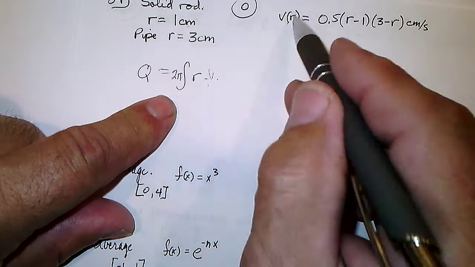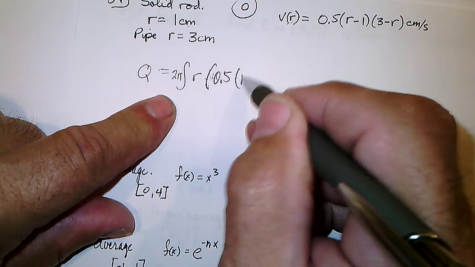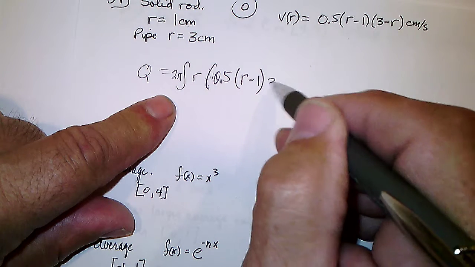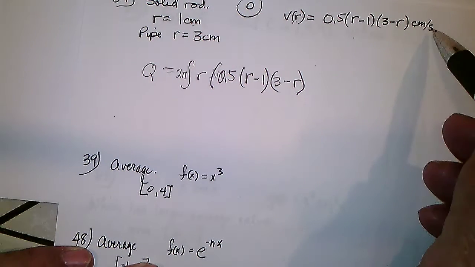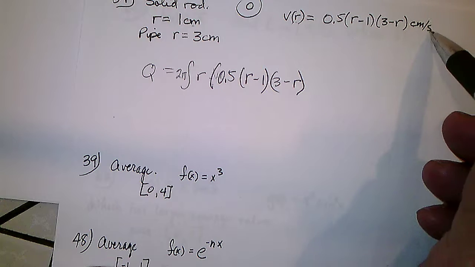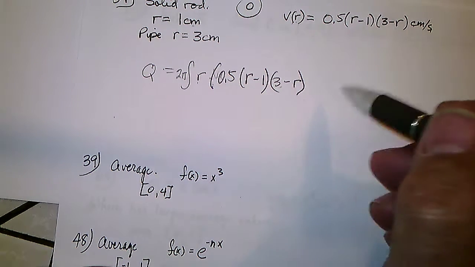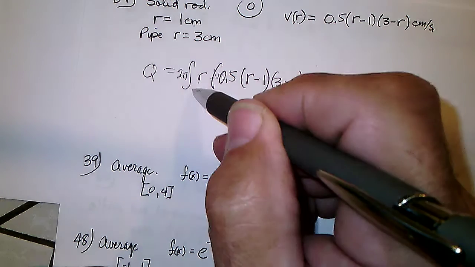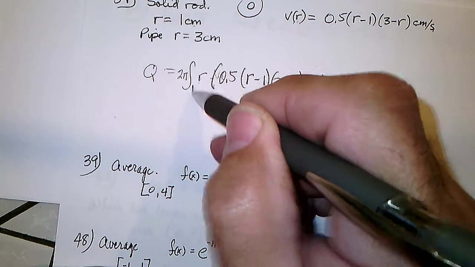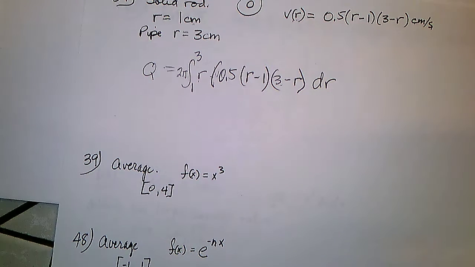And the velocity is given by this, so it's 0.5 times r minus 1 times 3 minus r. Centimeters per second, the velocity times the area of the ring, dr, going from 1 centimeter to 3. I believe that's what it was. I think it's supposed to be the area. I better grab my book real quick and check that.